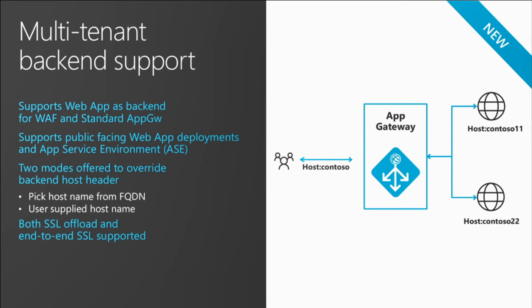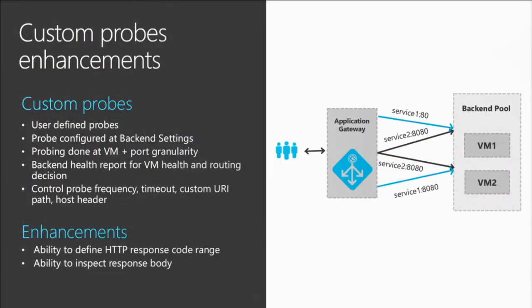So that is supported. It does this through plain HTTP to the backend or HTTPS to the backend. Both scenarios are supported, so end-to-end SSL is supported as well. We have made enhancements to the custom probes.